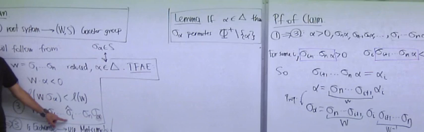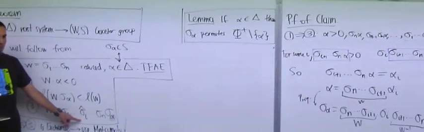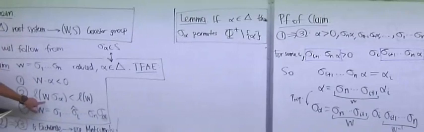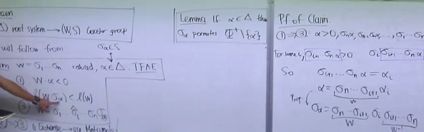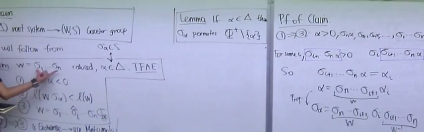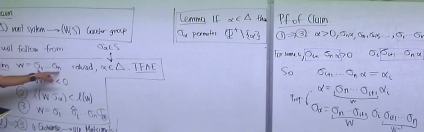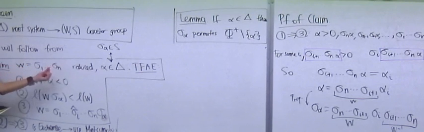That's why I was confused in calling this deletion, because I had it wrong. The reason it's called the exchange property is because we're saying if you multiply by sigma alpha and you get shorter, that means basically that you get a different word for w by exchanging a sigma alpha at the end for some sigma i. That's what the exchange property actually says.